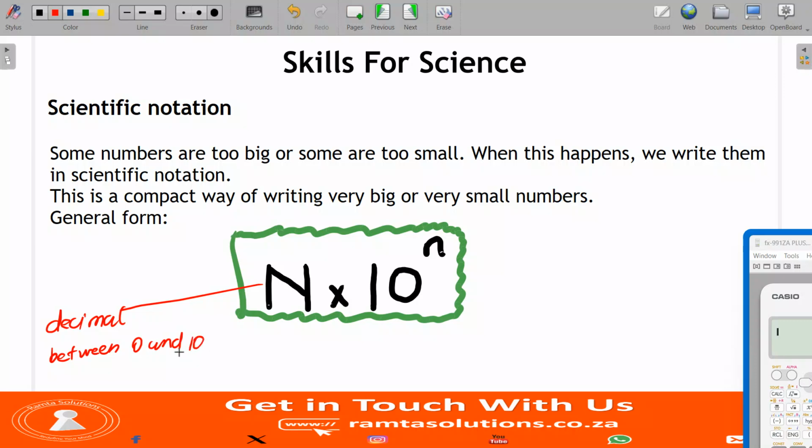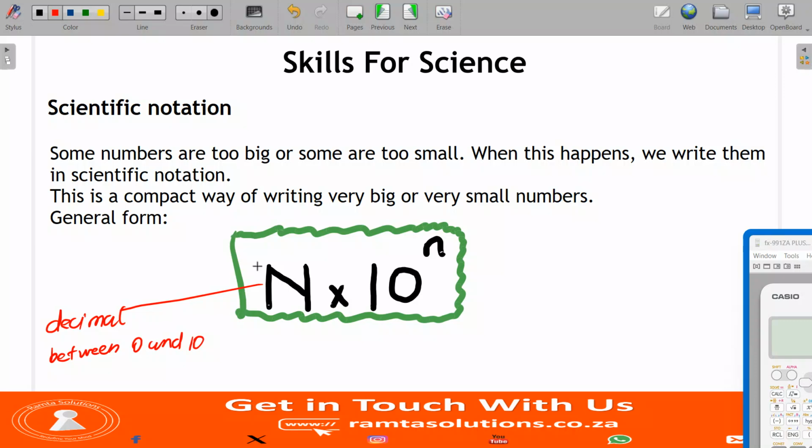Calling it a decimal may not really be correct, but it's fine to call it a decimal between 0 and 10.